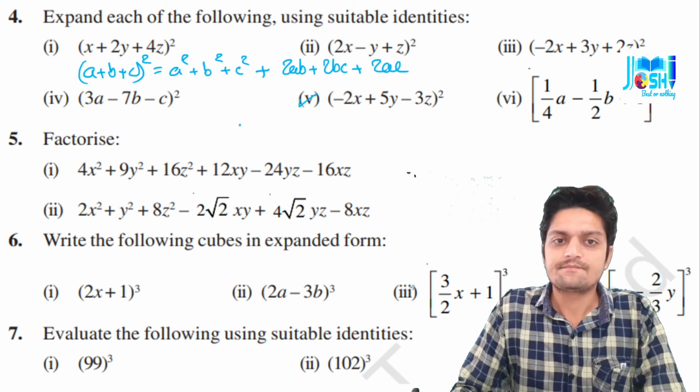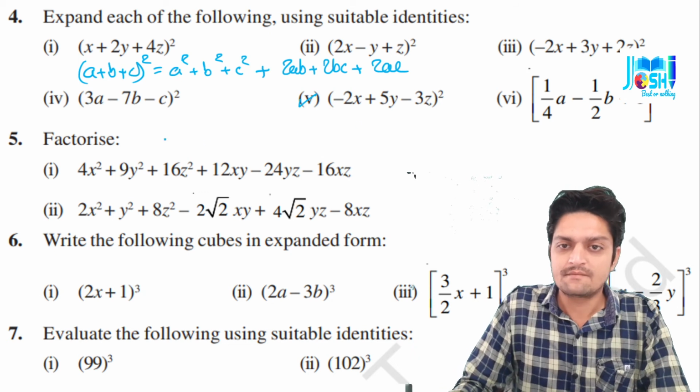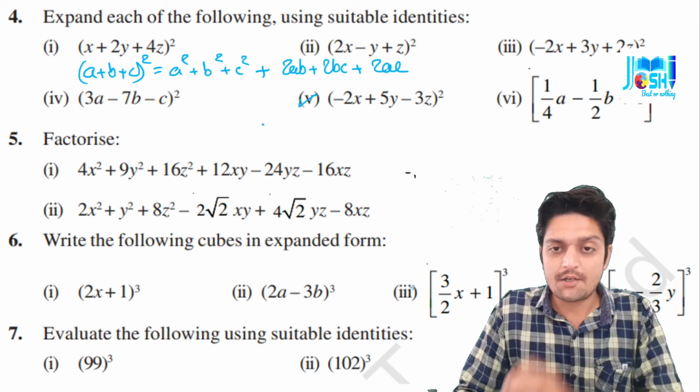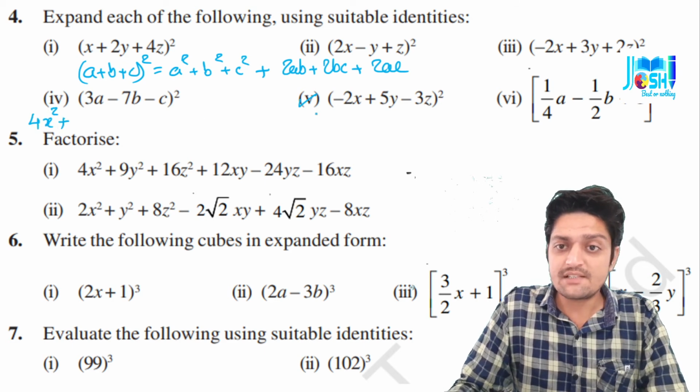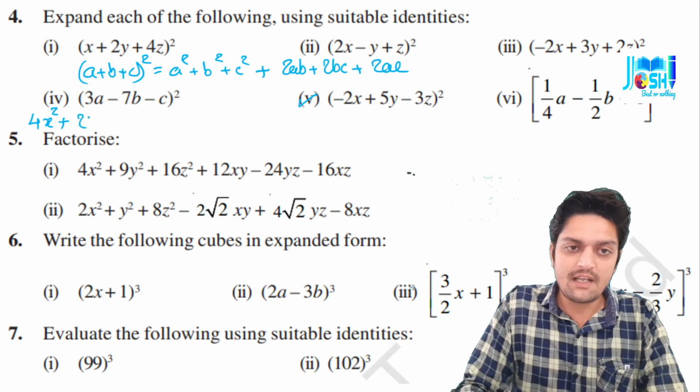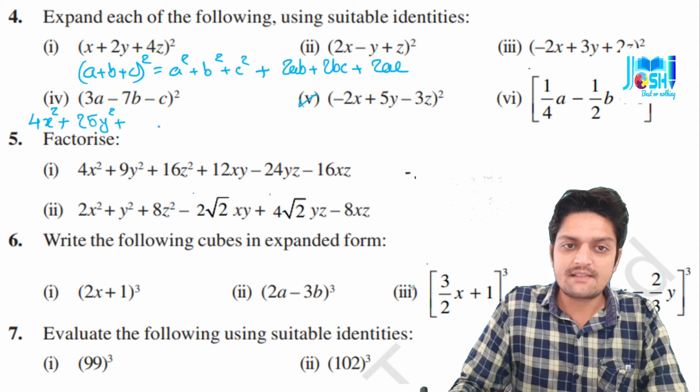So a square, that is minus 2x square, so minus 2 square is 4 and x square is x square, plus b square, 5 square is 25 y square, plus c square, minus 3 square is 9 and z square.